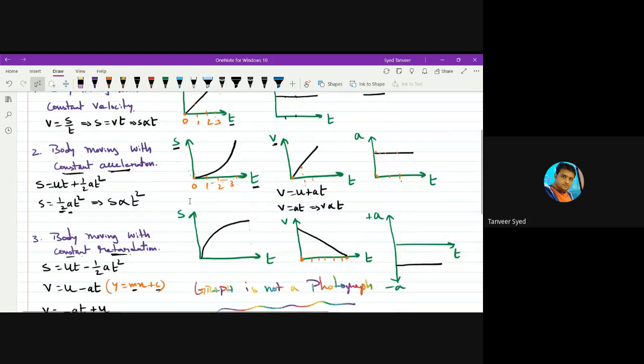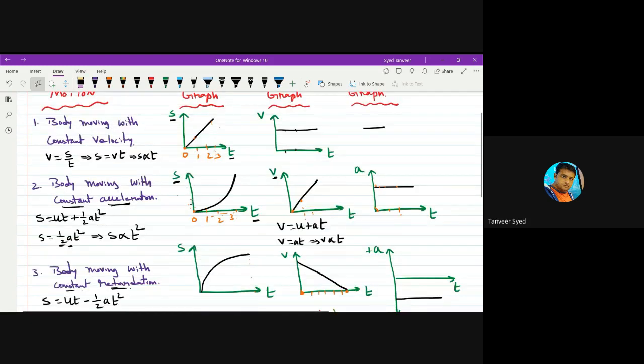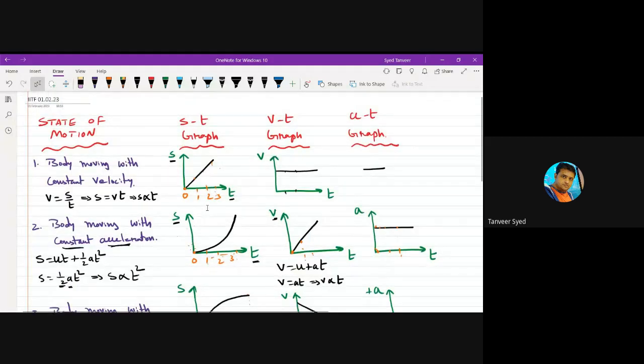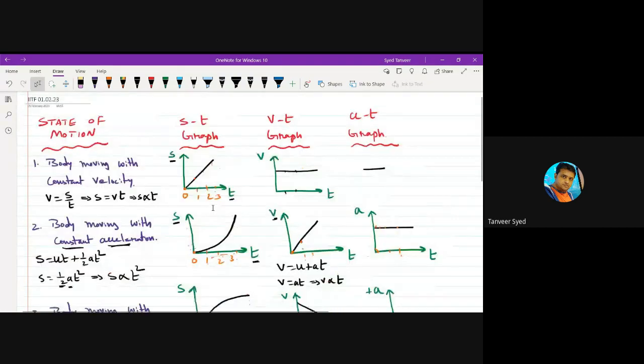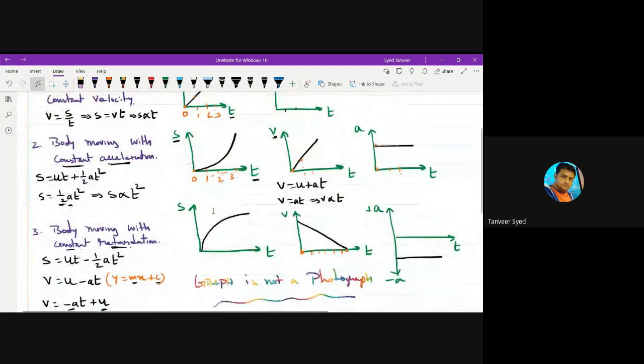These are the three basic graphs. Three graphs in three different situations. ST for body moving with constant velocity, body moving with acceleration, body moving with retardation. VT for 3 states, AT for 2 states.